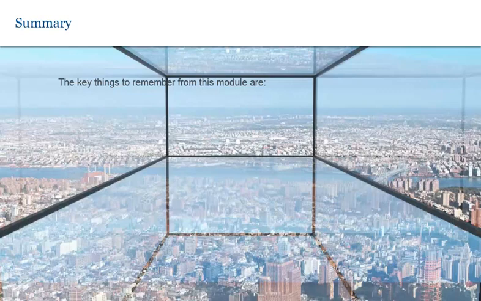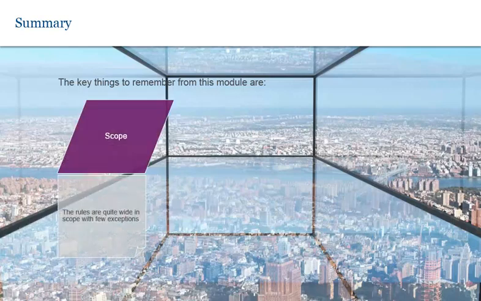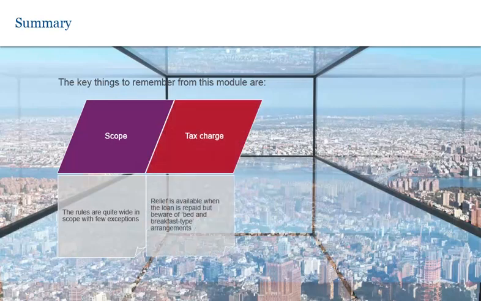The key things to remember from this module are, firstly, the rules are quite widely drafted, applying to informal as well as formal arrangements. Secondly, the tax charge is reduced, or tax paid earlier is refunded when the loan is repaid. However, care should be taken to ensure the repayment is effective given the potential application of the rules to prevent bed and breakfasting.